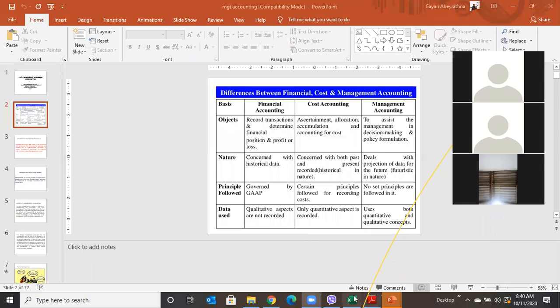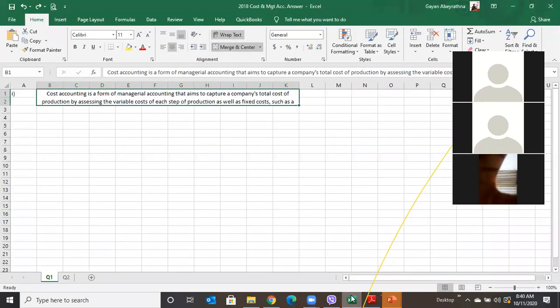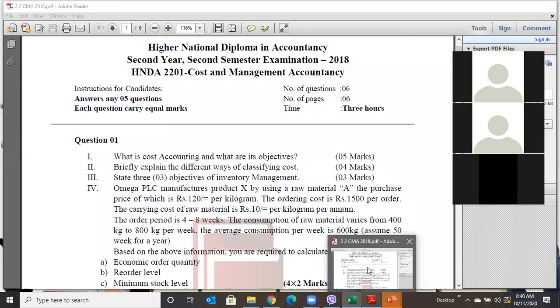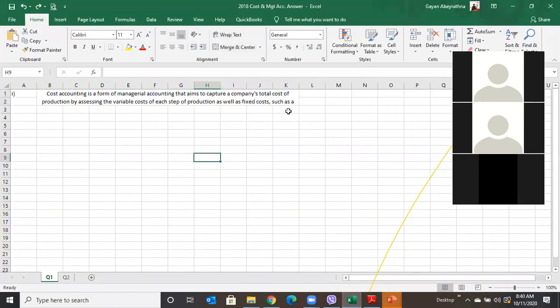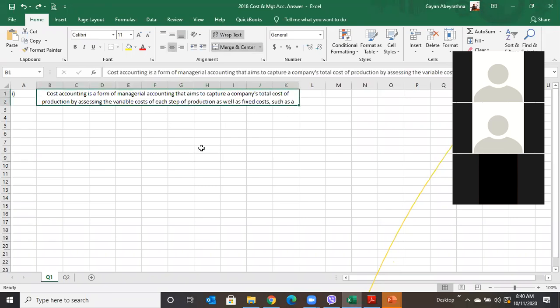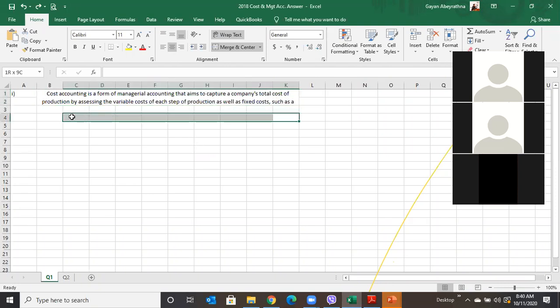Then in the paper, other than the definition for cost accounting, it's asking what are the objectives of cost accounting. We have already discussed the definition, then we have to set an objective in the case of cost accounting. So what are the objectives according to you?